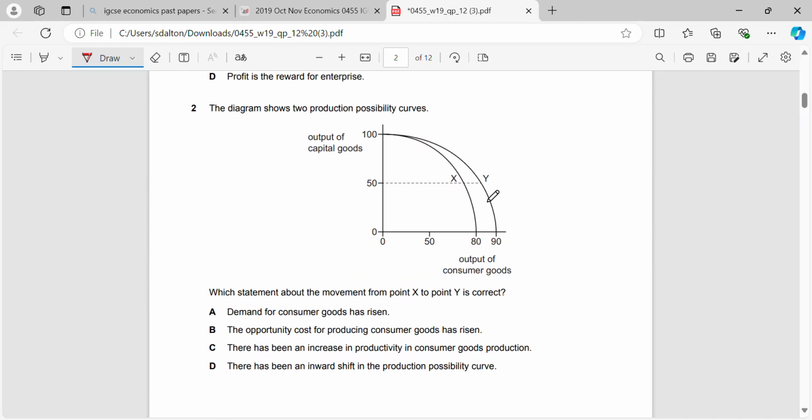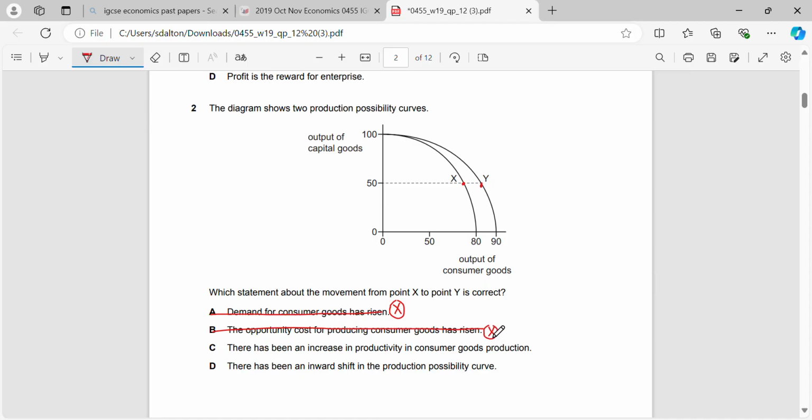Okay, question 2. So we're at X and we're moving to Y. What statement about that movement is correct? Demand for consumer goods has risen. We can't determine that from a PPC. PPC just shows our output. The opportunity cost for producing consumer goods has risen. Again, not true.